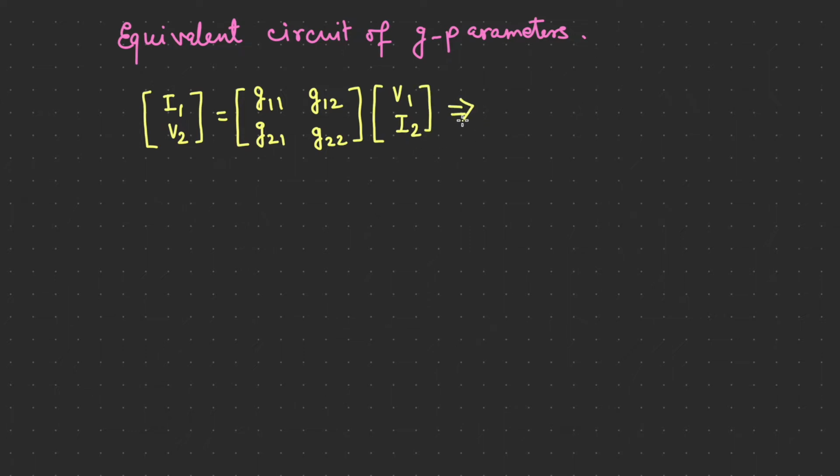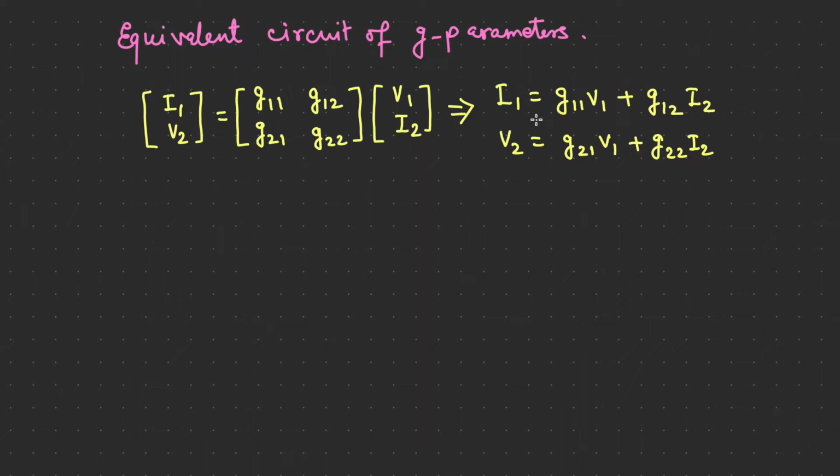So from here the equations are written as I1 equal to G11 V1 plus G12 I2, and V2 is equal to G21 V1 plus G22 I2.